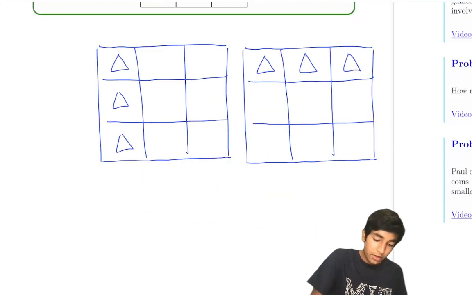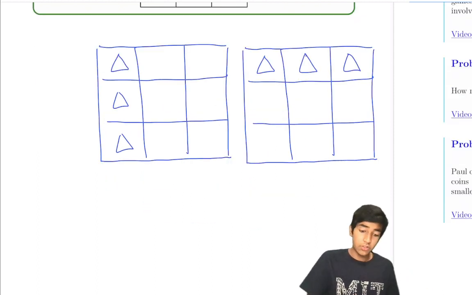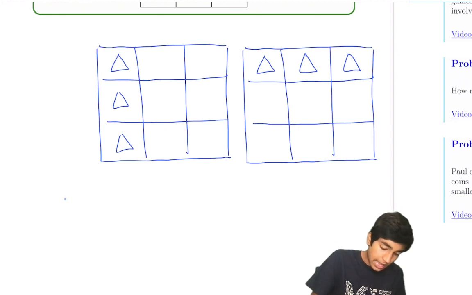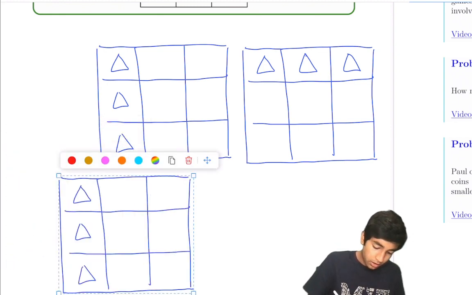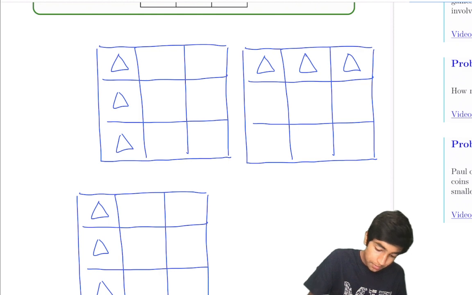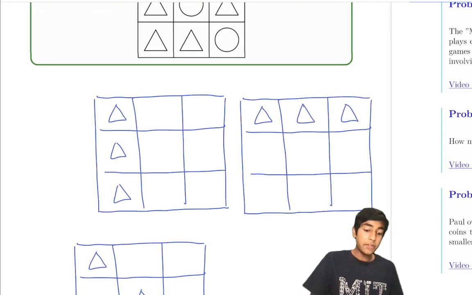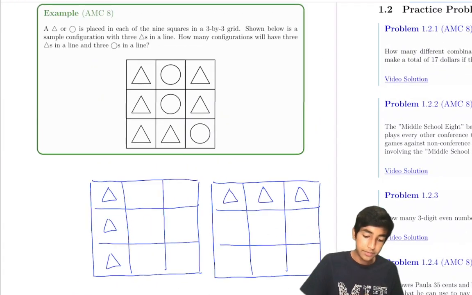Or we could have them in a diagonal too. That's also a line, right? The diagonal. So in a diagonal, they'd be something like this. All three of these have 3 triangles in a line.